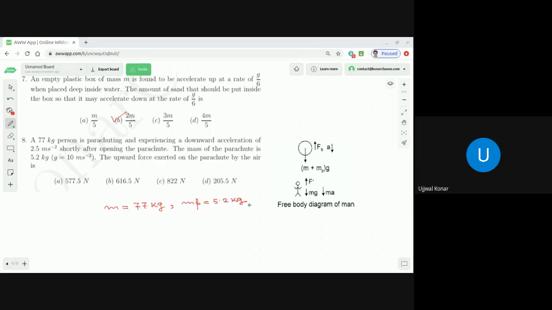So then what we get is 82.2 g minus FB is equal to 82.2 a. So from here FB is equal to 82.2 into (g minus a).